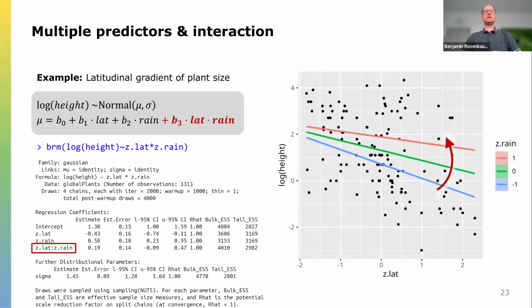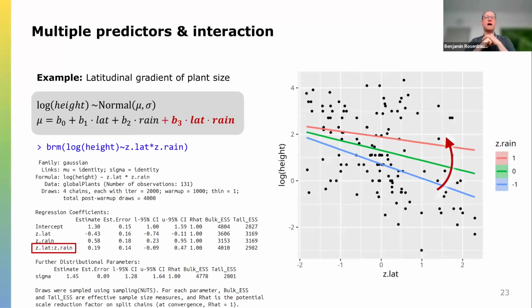One last way of analyzing this data with these predictors would be to include an interaction. An interaction now means that these different regression lines, so this regression line versus latitude for different levels of rainfall, will not be parallel anymore.